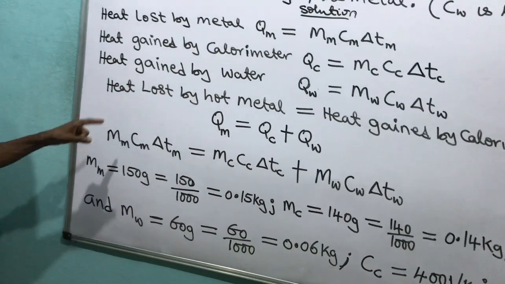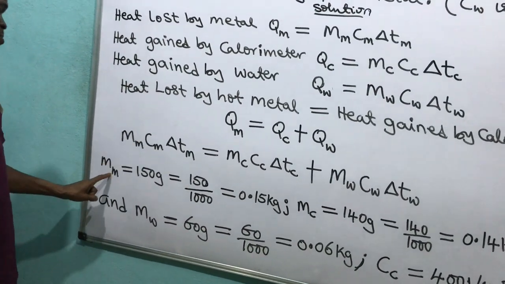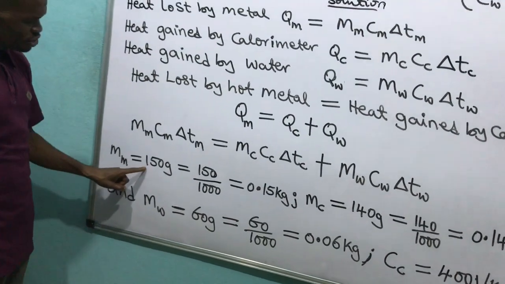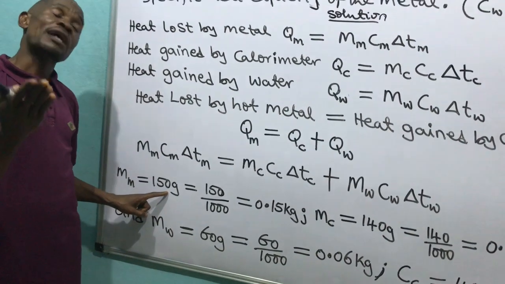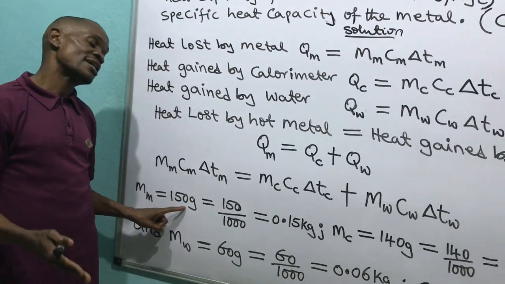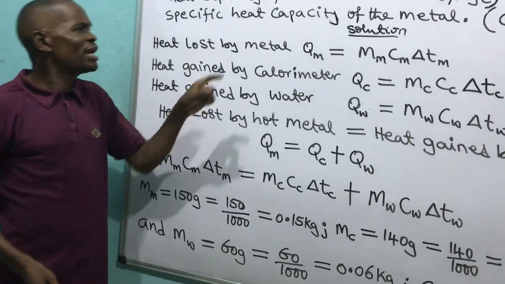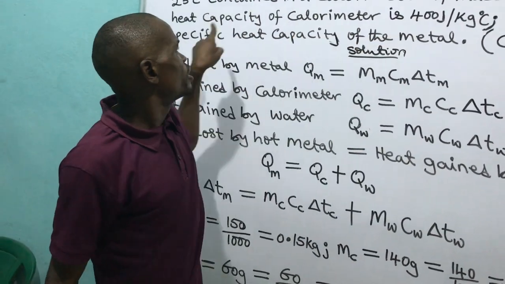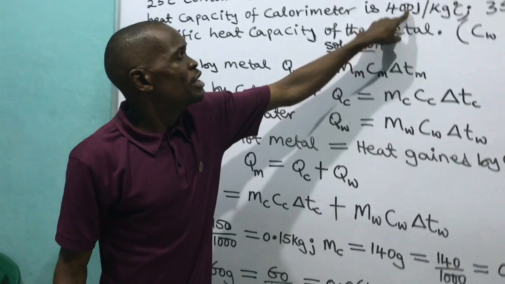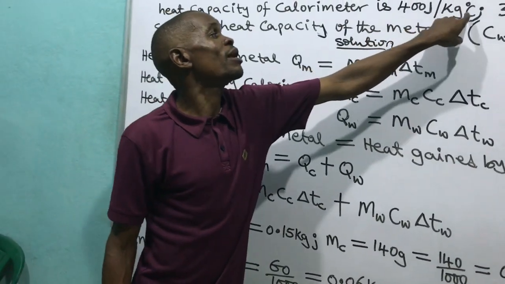Then I start with the mass of the metal. What do they give me as the mass of the metal? 150 gram is what they give me. But we are talking about kilogram. Look at the unit of the specific capacity of the calorimeter. It is 400 joule per kilogram per degree.